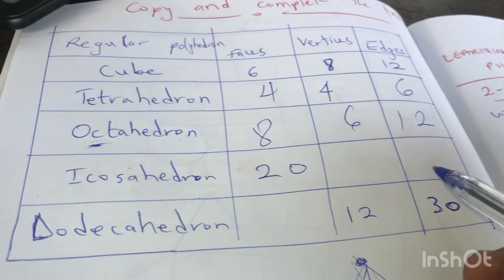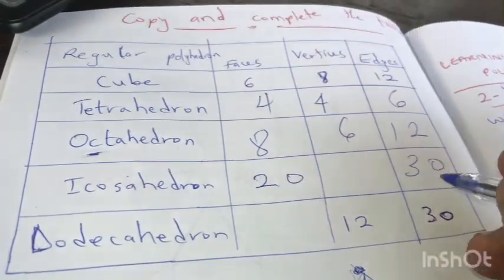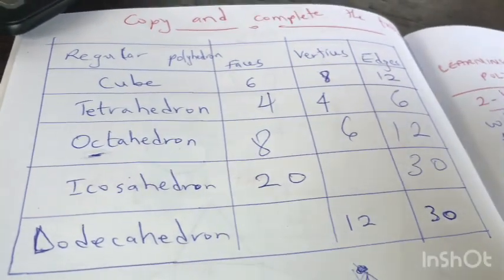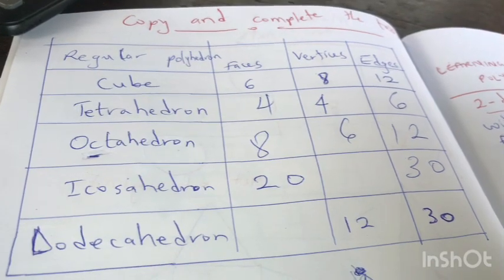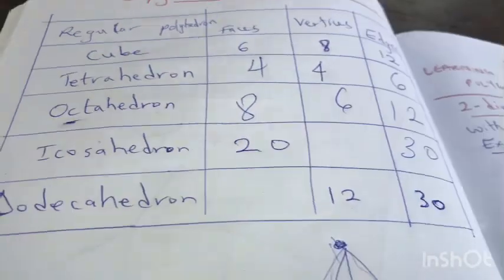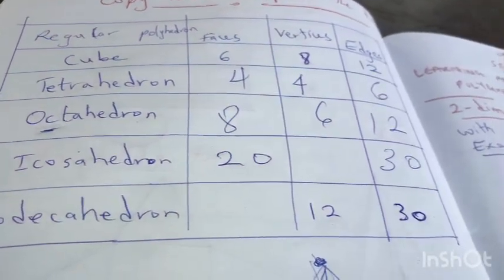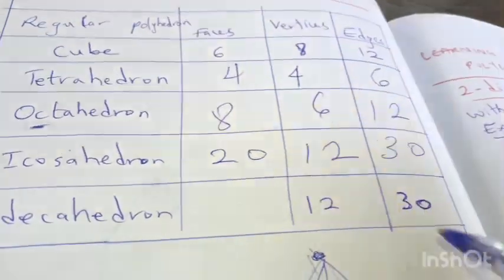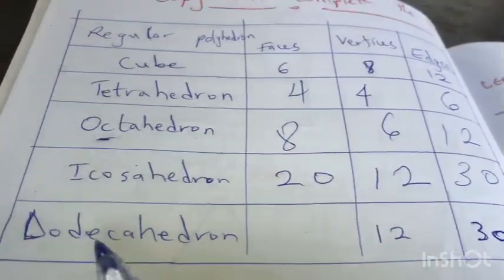Then it has how many edges? 30. How many vertices does it have? It has 12 vertices.